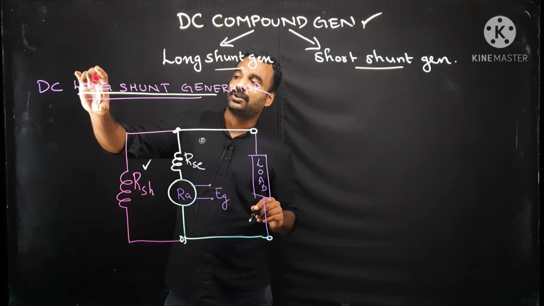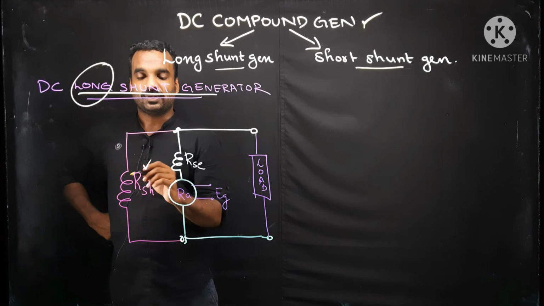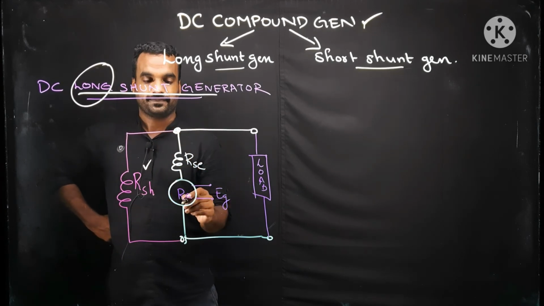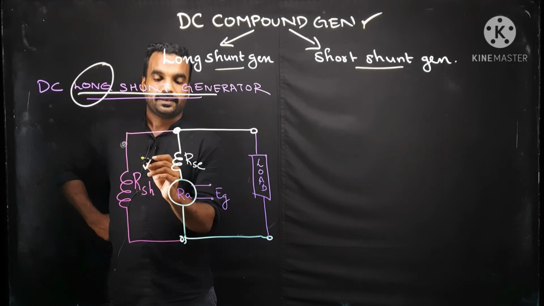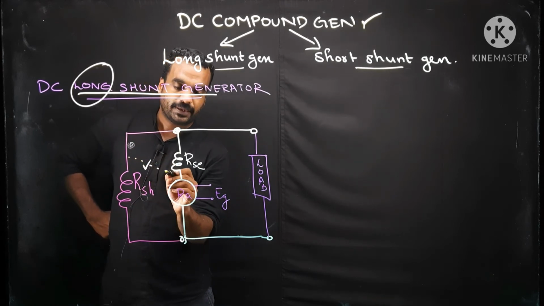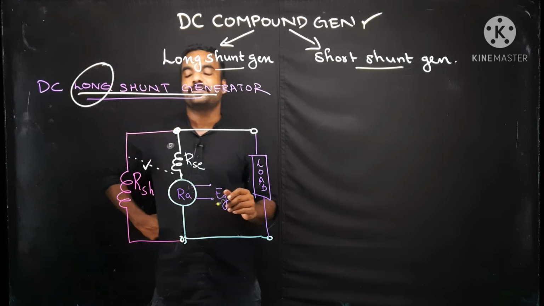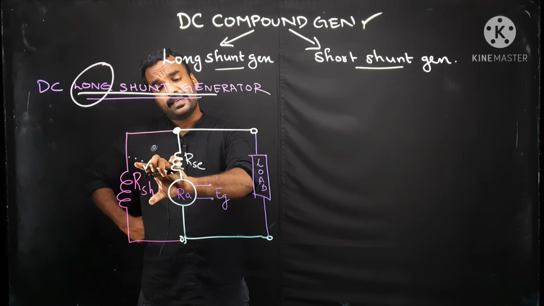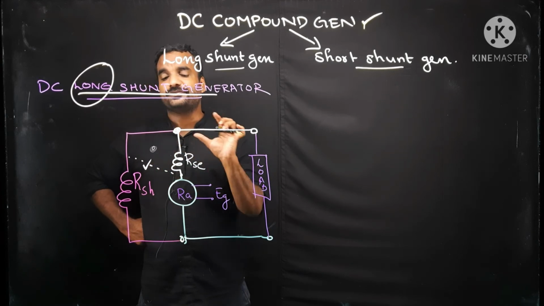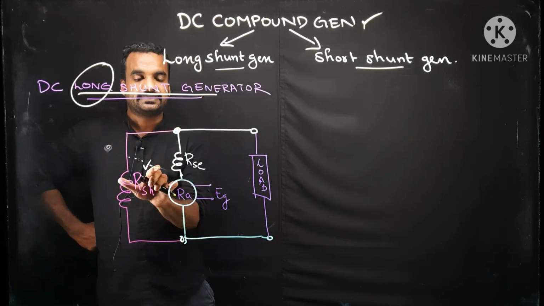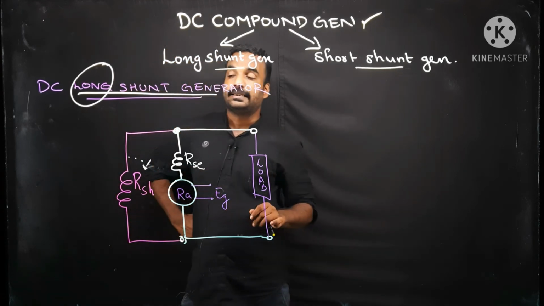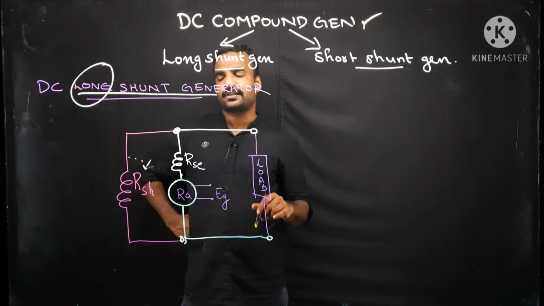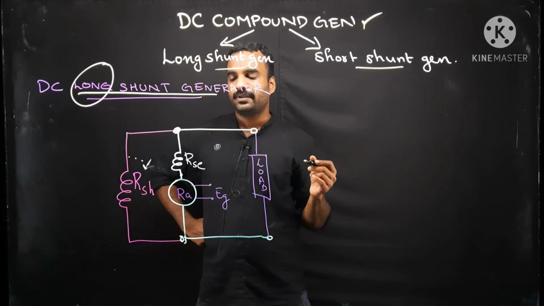Now why is it known as long shunt? Because the shunt connection is connected above the series connection point. We can also connect this to this point, then it will become short shunt. Because if the shunt field winding is overlapping the series field winding, such a machine is known as a DC long shunt compound generator.